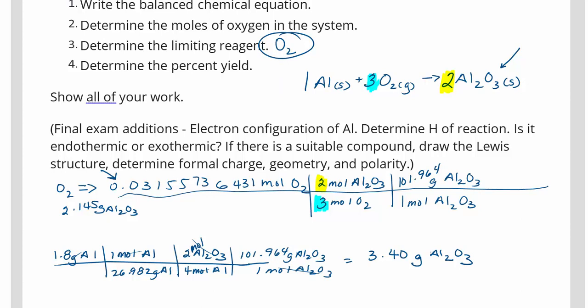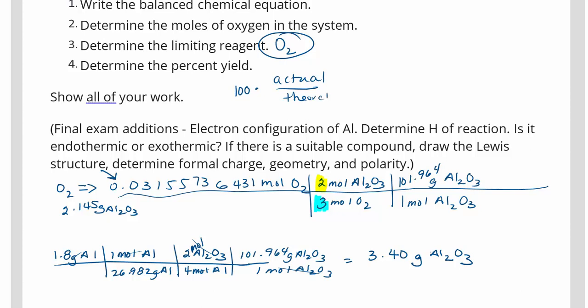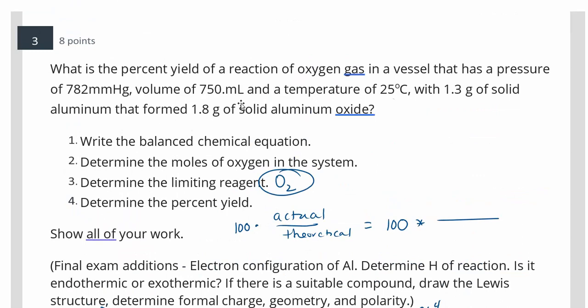Well, the percent yield is found by taking the actual amount that was obtained. So it's 100 times actual over theoretical. Now the theoretical yield is this value here. Now let's see how many digits our actual yield has.